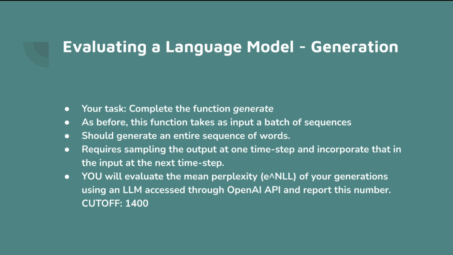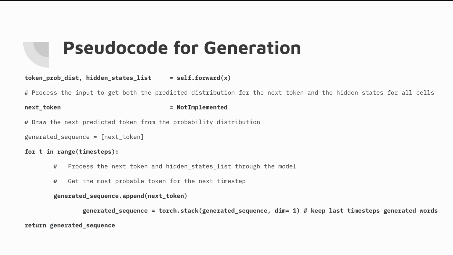The specific metric we use is called perplexity, and it's defined as e raised to the average negative log likelihood of your entire sequence of tokens. To pass the cutoff, you're going to have to reach under 1,400 perplexity. The code to evaluate your generations will all be included. You just have to paste in your OpenAI API key. Here's some pseudocode for the generation. You'll be filling this out in the notebook.